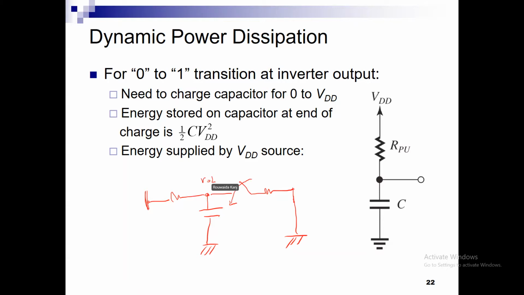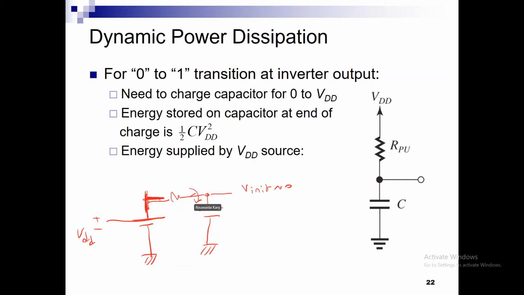Now when the NMOS turned off, and we assume that VOL is approximately 0, the switch opened, and so now I'm starting with a capacitor whose initial condition is approximately 0, and now it is connected to the supply voltage, which is VDD, and it's going to start to charge.